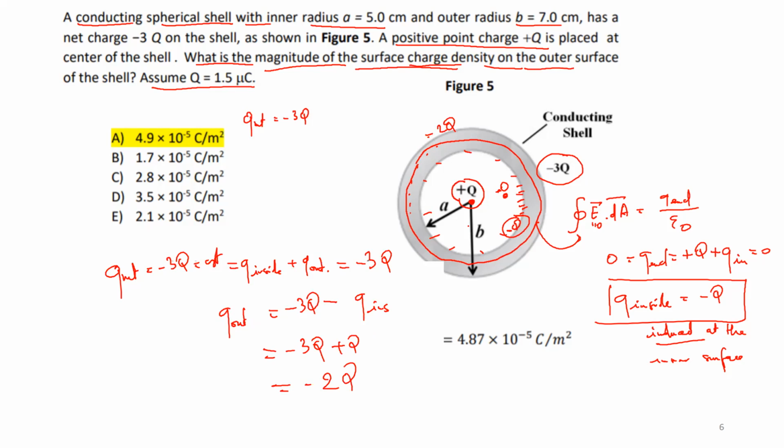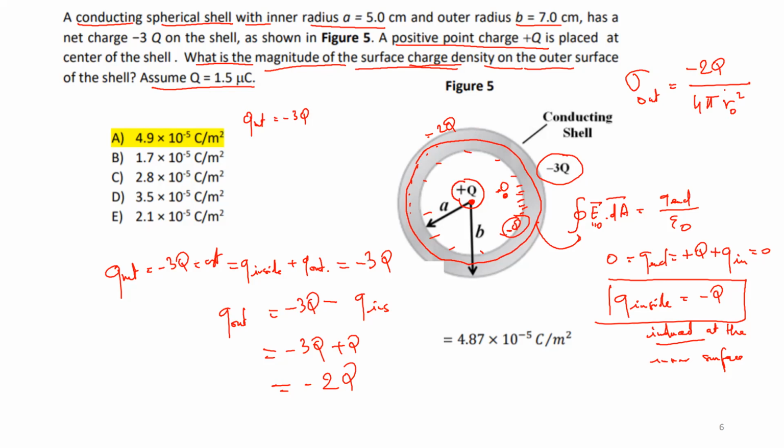Okay, good. Now the question is the magnitude of the surface charge density. Well, easy. Sigma on the outer surface is just the total charge, which is minus 2Q, divided by the total area of my outer surface, which is 4 pi r outer squared.